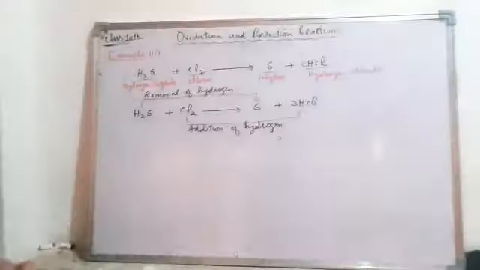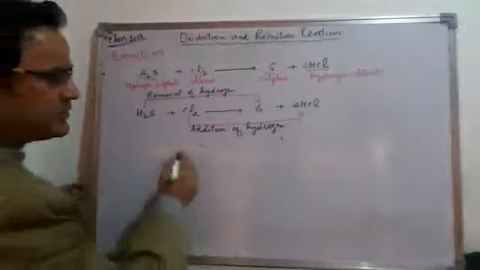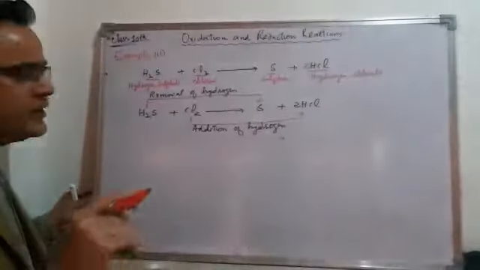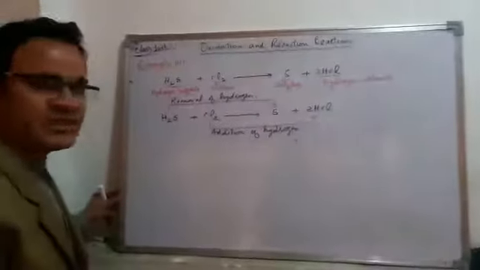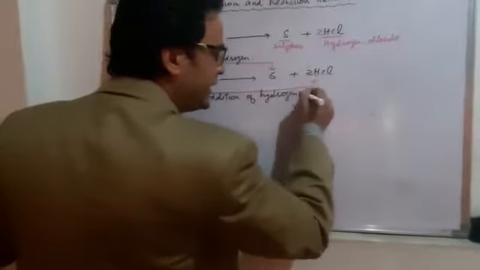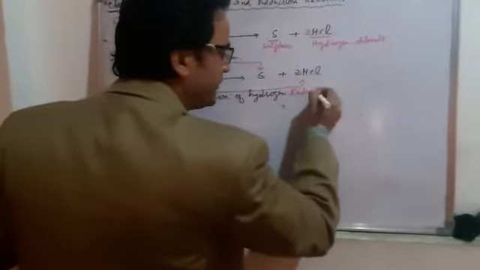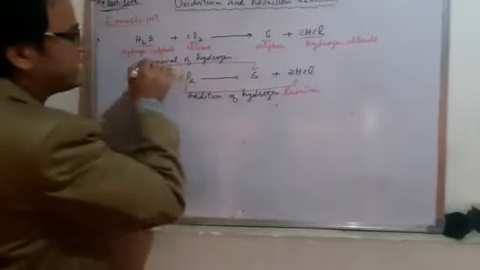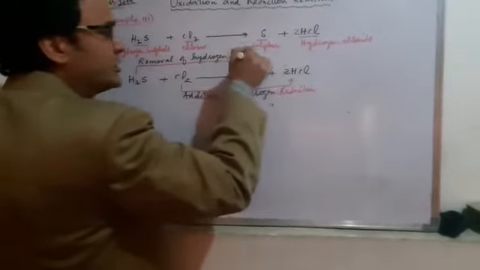And by definition, you know, yesterday I gave you 2 definitions of oxidation and reduction, and you must have the definitions in your mind. This is addition of hydrogen, that is reduction. So here it is removal of hydrogen, that is oxidation.